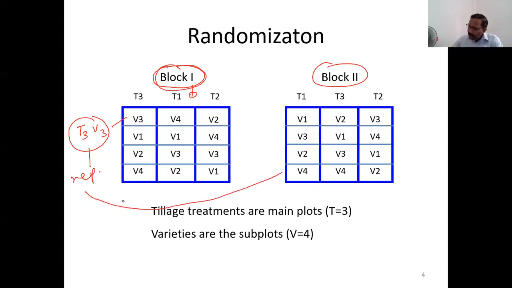That is why we have block 2. In block 2, you see where T3, V3 is? This plot is T3, V3. It is replicated 2 times, meaning block 1 and block 2. These blocks are actually functioning as replicates.